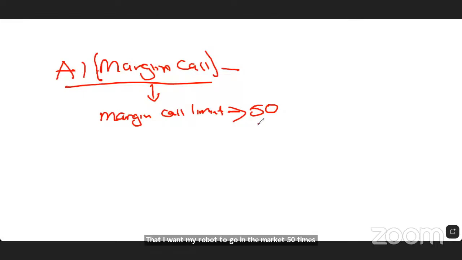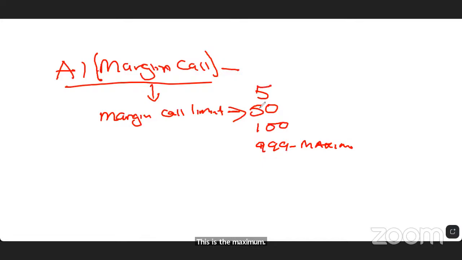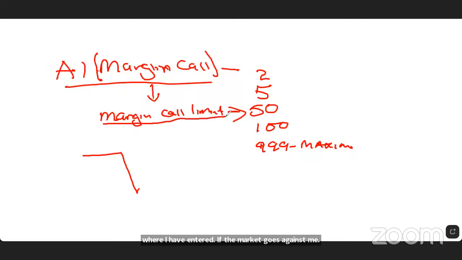I want my robot to go in the market 100 times. 999 times, this is the maximum. I want my robot to go in the market 5 times, or 2 times. From where I have entered, if the market goes against me, the number of times I want my robot to go in the market is what we call margin call limit.